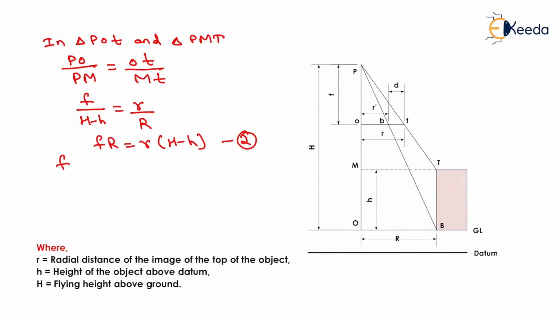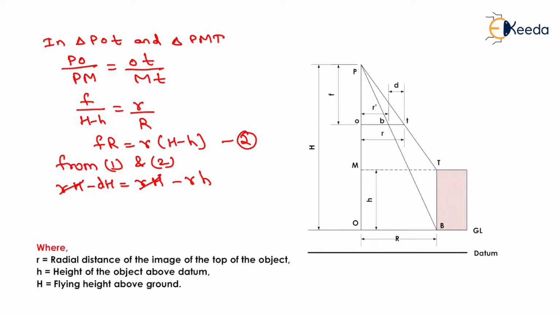Now from equation first and second, the value of Fr is same. So we can write it as R into H minus D into H will be equals to R into capital H minus R into small h. Now from this, RH will cancel out.